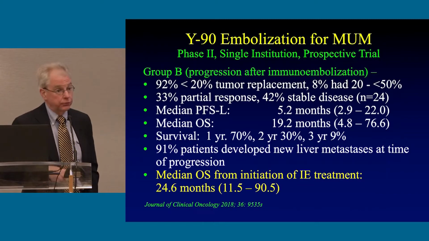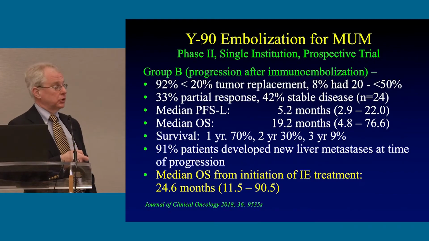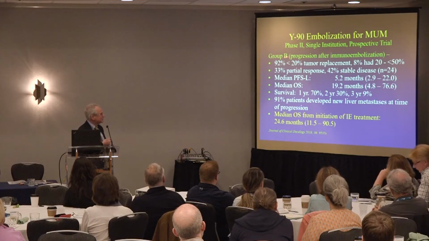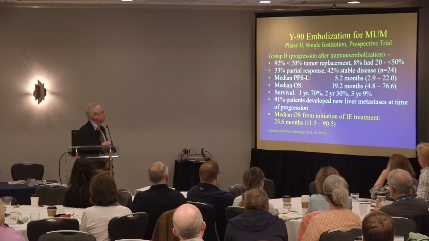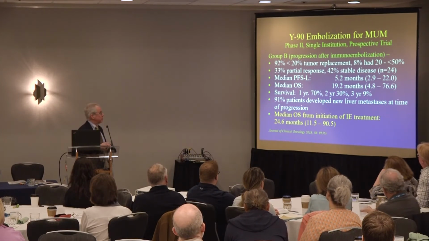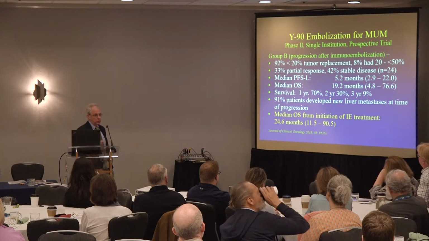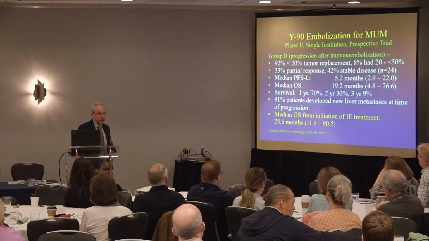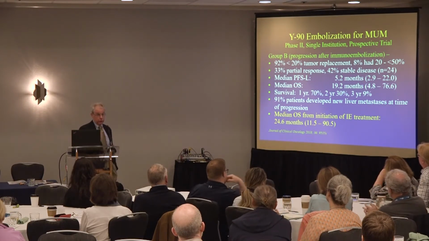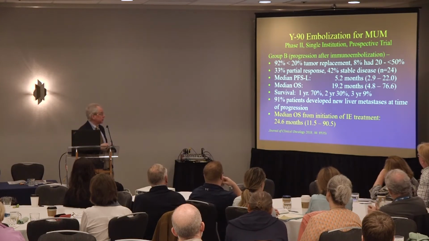The group who started out with immunoembolization overall had a bit less tumor. Not quite as many of them had stable disease or better, and some patients who progressed through immunoembolization showed us that they unfortunately progressed through radioactive microspheres too.